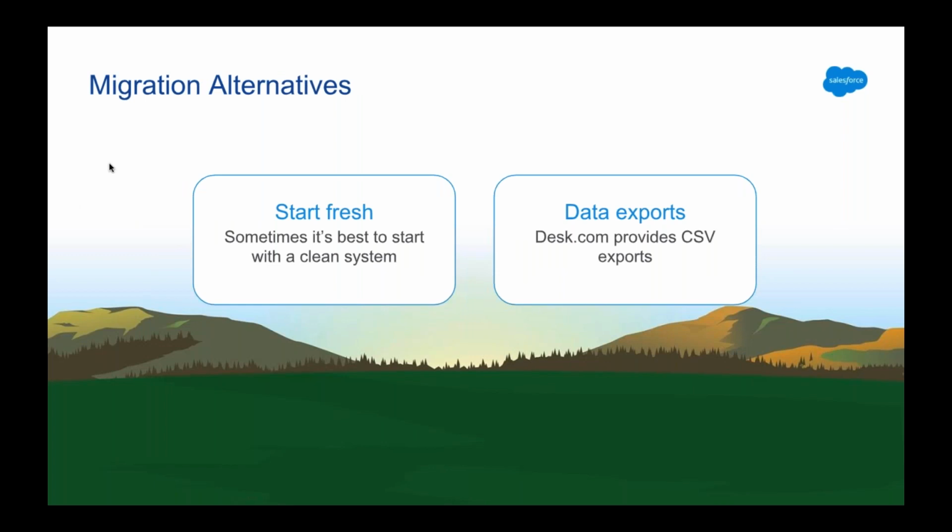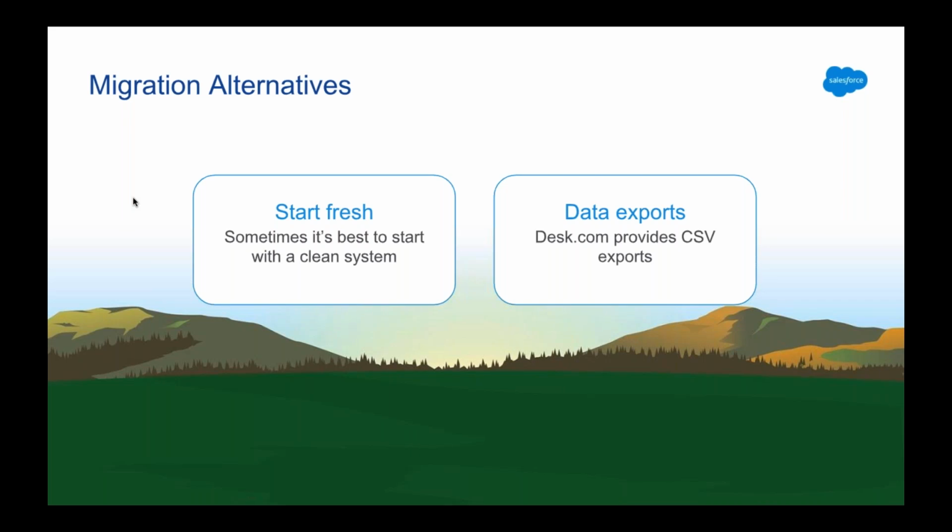And finally, I wanted to talk about some migration alternatives. There's a short list here, but some customers just decide to start fresh. I think it's actually kind of liberating. In Desk, you've been kind of hoarding all of your customers, and it's like moving houses and not bringing anything and just buying all new furniture. So I think there's some power in that, and it should be given some thought.